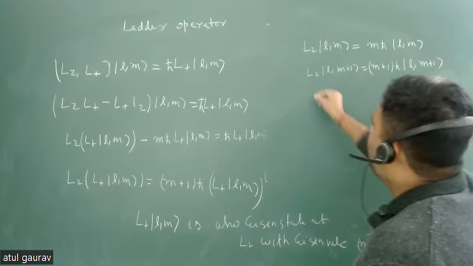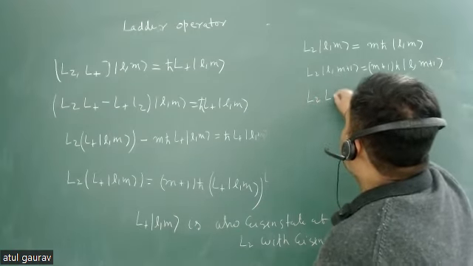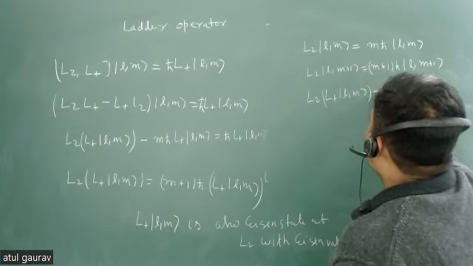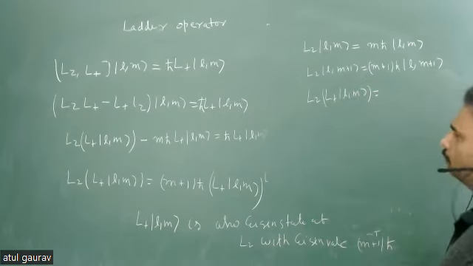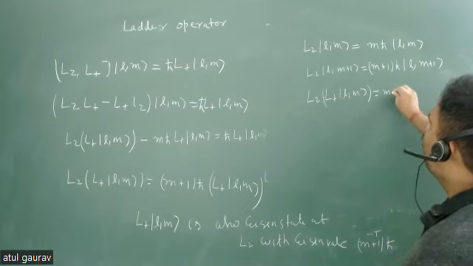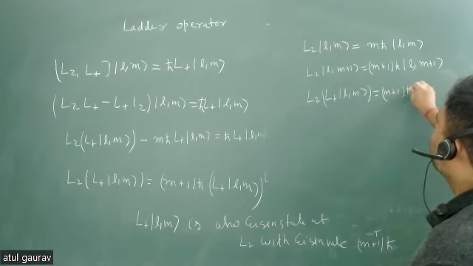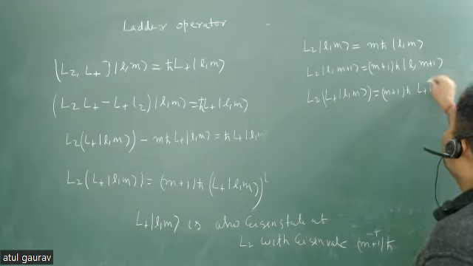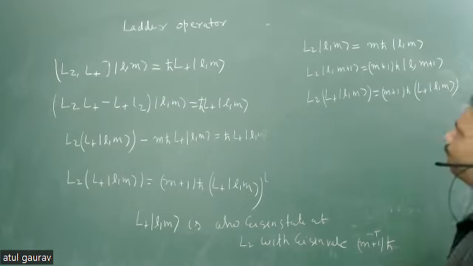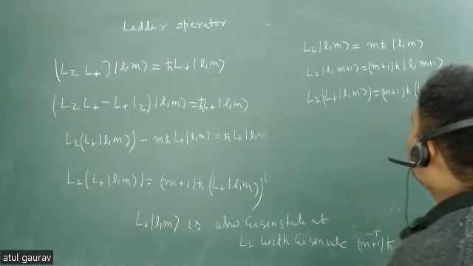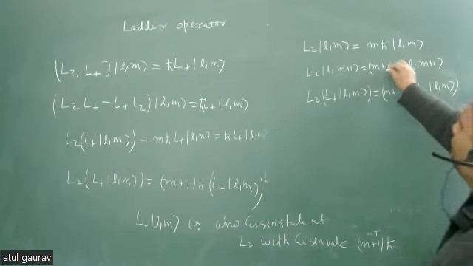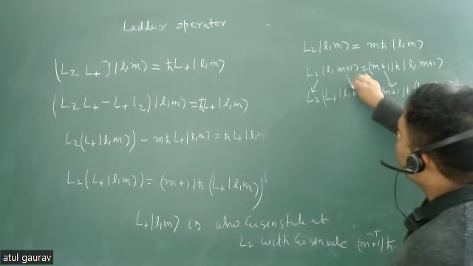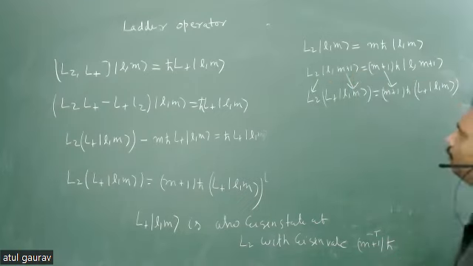Now Lz is operating on L plus |l m⟩, what will it give? (m+1)ħ times L plus |l m⟩. If I compare this to this to this, then obviously this is proportional to this one, isn't it?